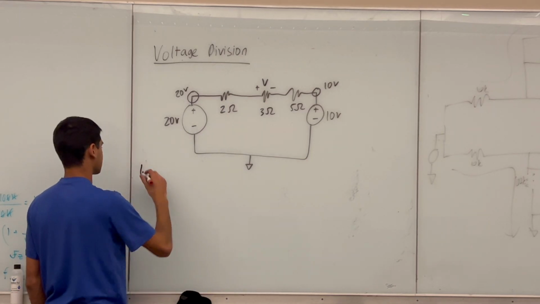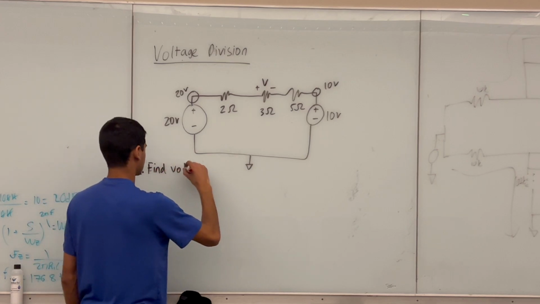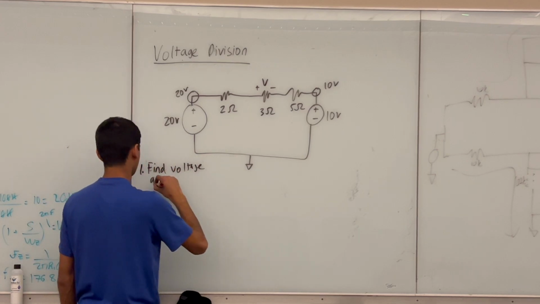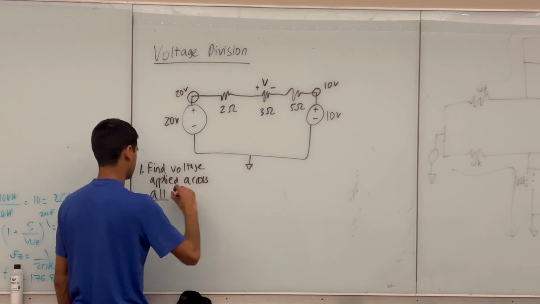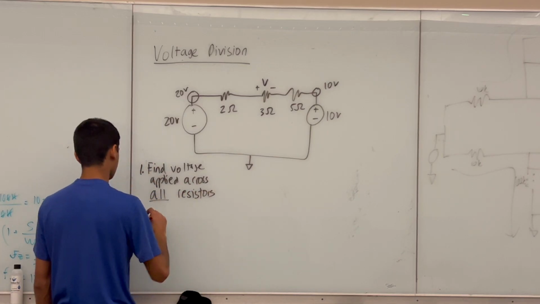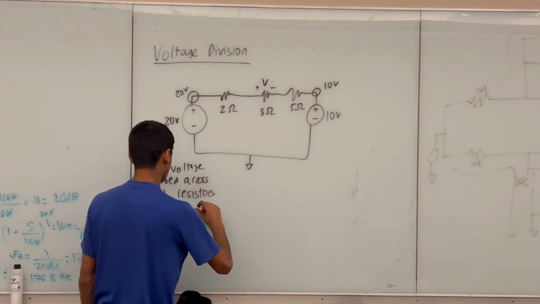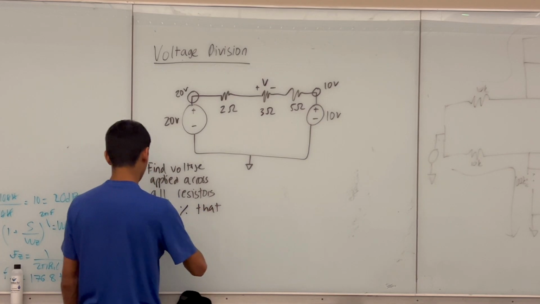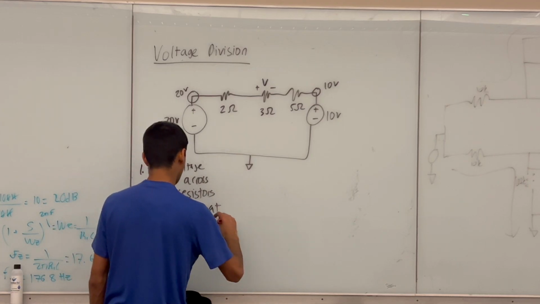The first step is to find the voltage applied across all resistors. The second thing is to find the percentage that my resistor takes up.